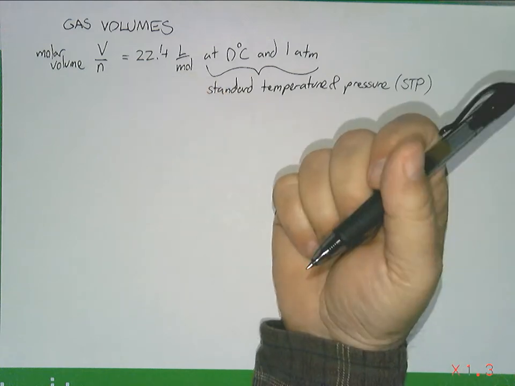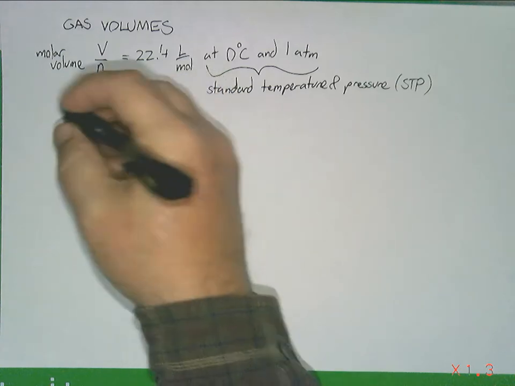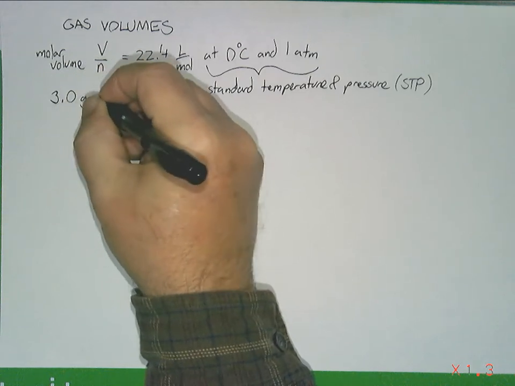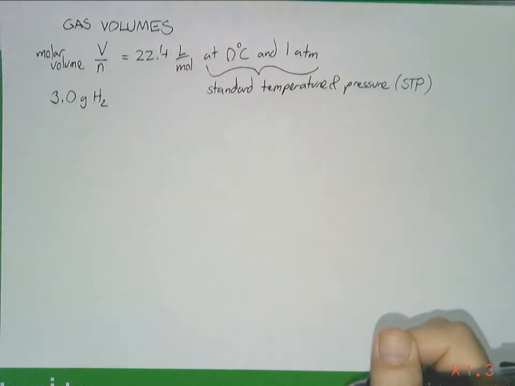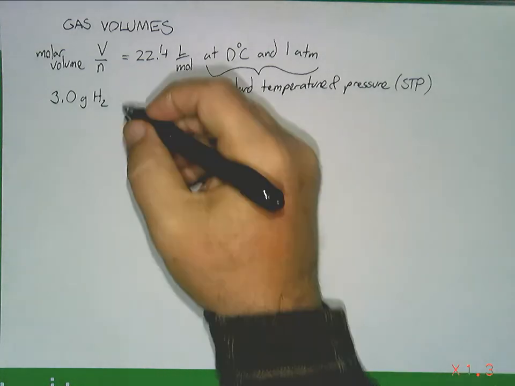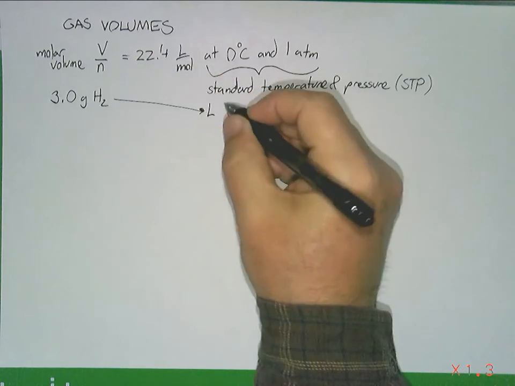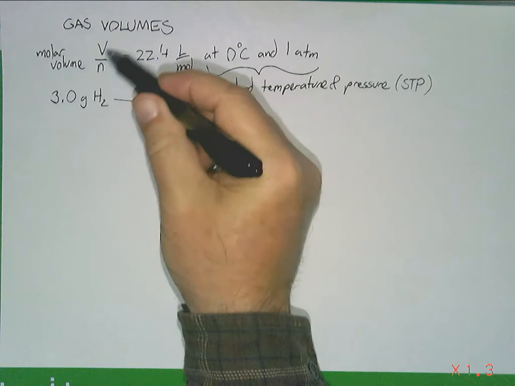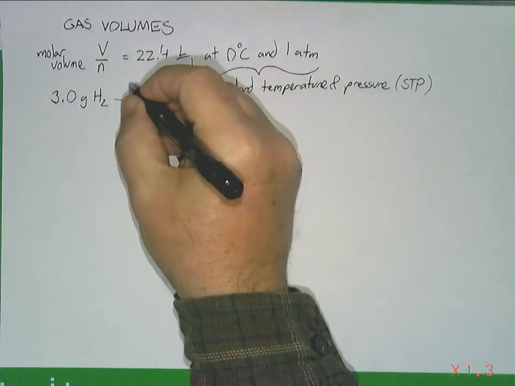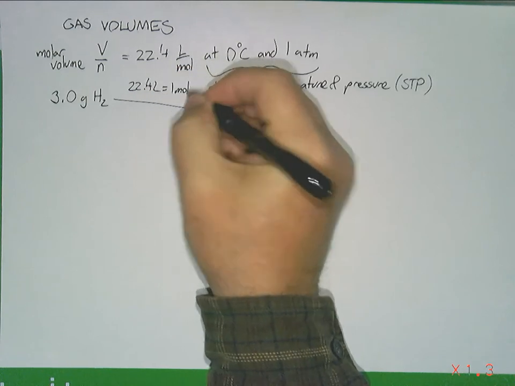So for example, if I had 3.0 grams of H2 gas, and I want to know what the volume of that would be at STP, I could say, well, this is my critical link. 22.4 liters is 1 mole of gas, any gas.